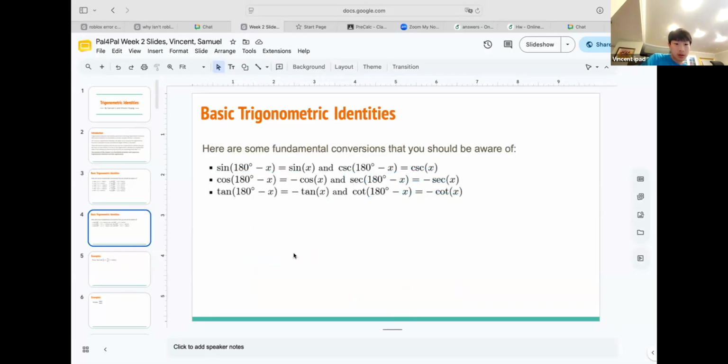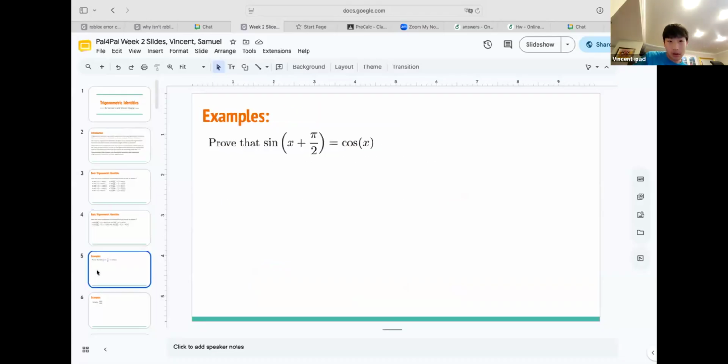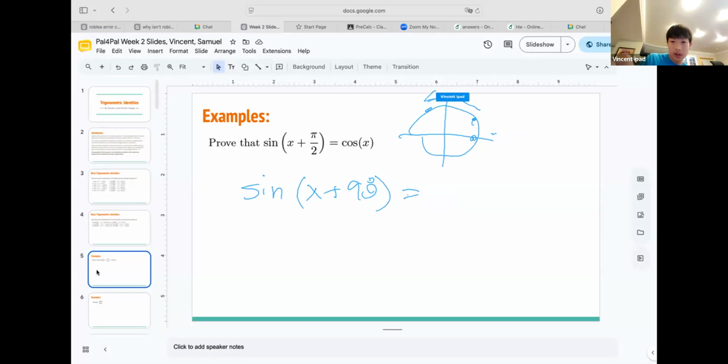Okay. And then here's an example. Sine of x plus pi over 2 is going to be sine of x plus 90 degrees. So on the circle, if this is x, x plus 90 will move you over here with a 90-degree rotation.